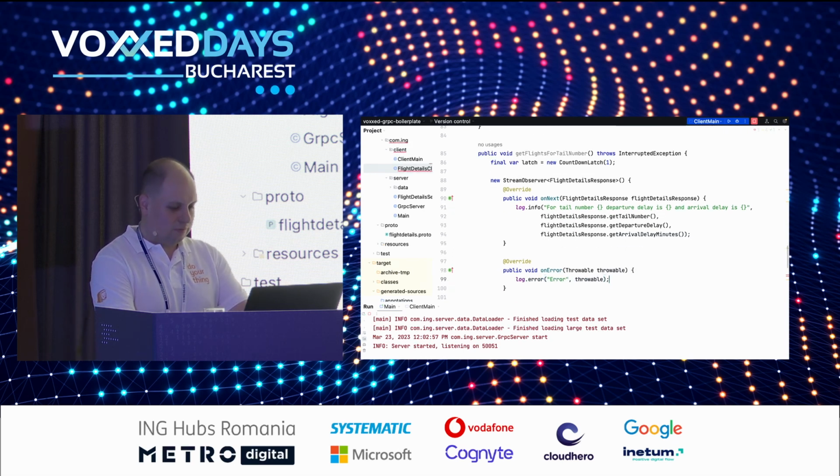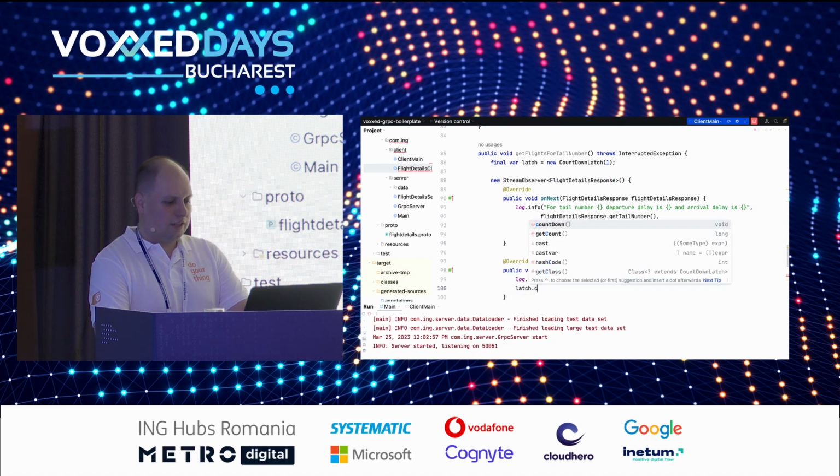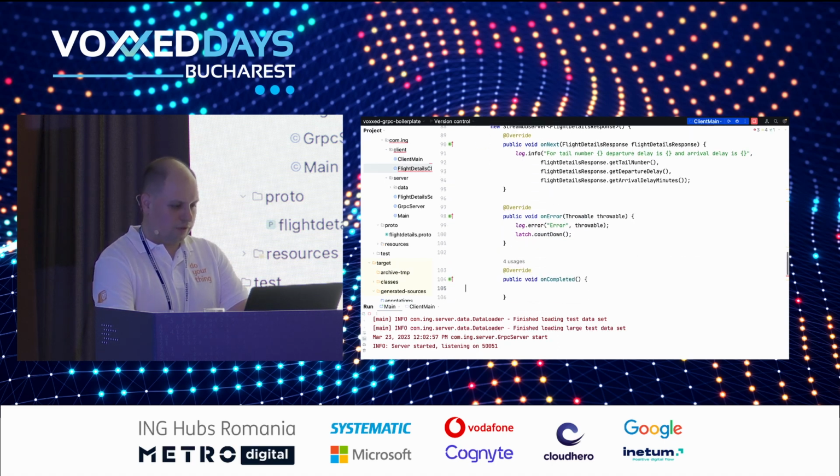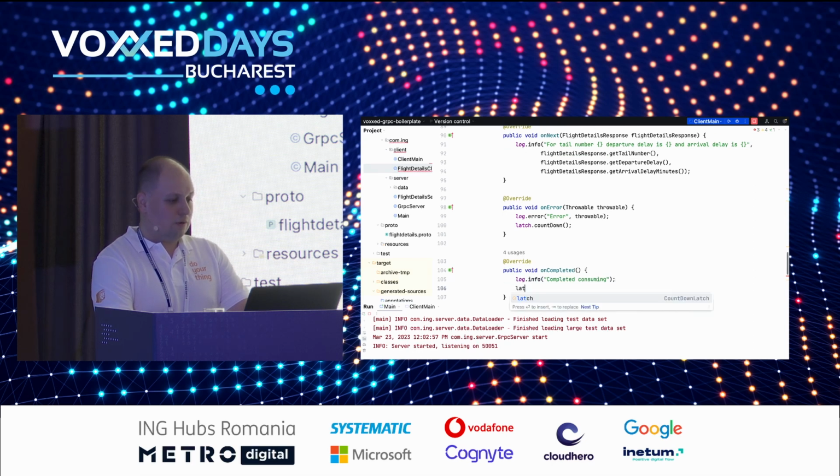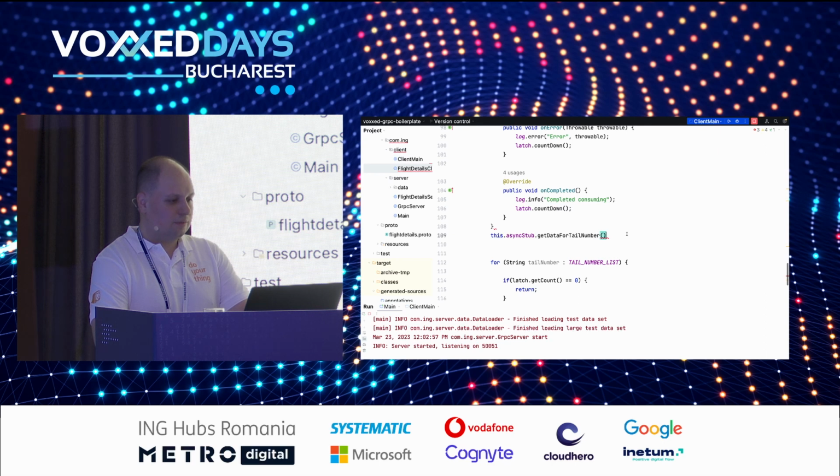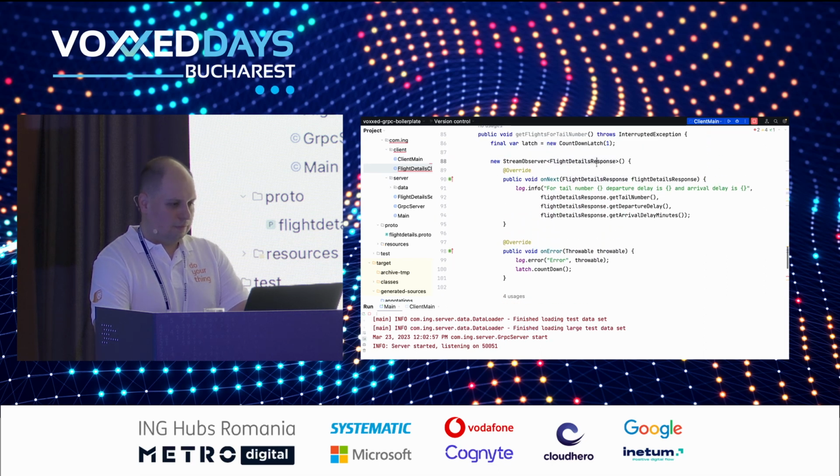In case we have an error, let's count down the latch so we can know that something happened. Okay, and once everything is completed, of course, I'm going to count down the latch once again. Okay, good. Now, I need to actually get my request. So this one, let's say response observer. Okay, perfect. And let's call our method.